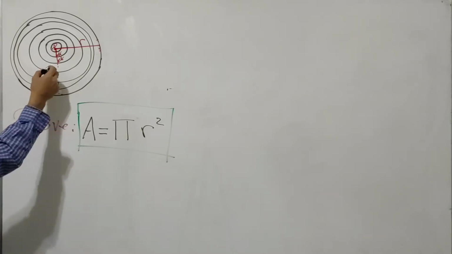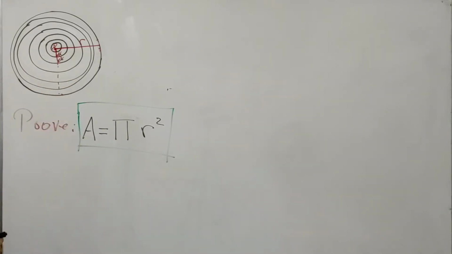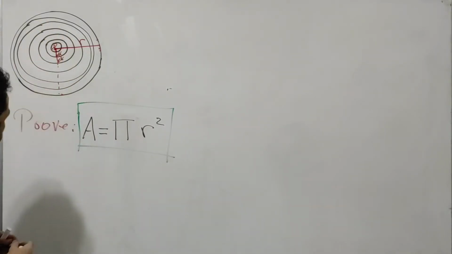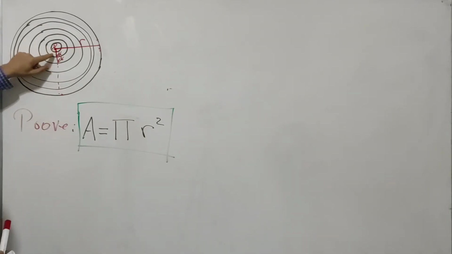If you take a look at these circles, each circle makes 2 pi to make a complete turn. For the dr, as you go up from the small circle to the big circle, this distance is changing.